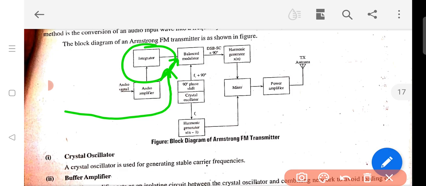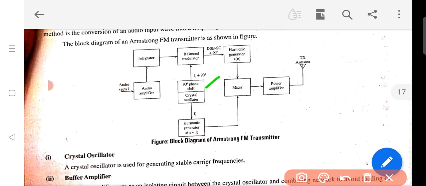Then the carrier of this transmitter comes from the crystal oscillator, which generates oscillations continuously. That carrier frequency is fed to the product modulator through the phase shift. Observe the 90 degrees phase shift employed here.